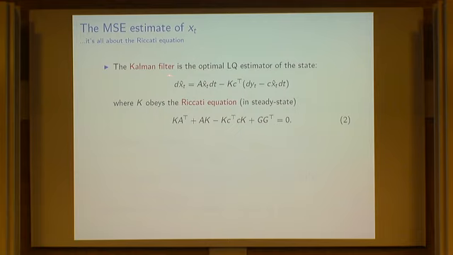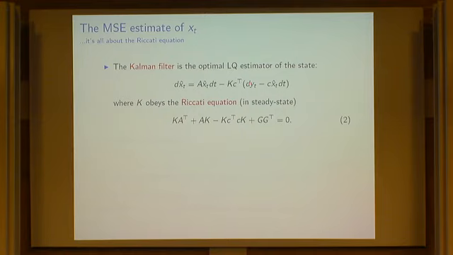And here is how it goes. So as Svante mentioned, we need to know A and C for this. But given that you know A and C, to obtain the best estimate X hat of X, you just solve this stochastic differential equation. So A is known, X hat is your estimate, and you see that your observation enters here.